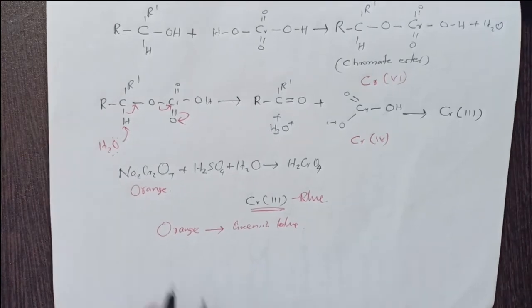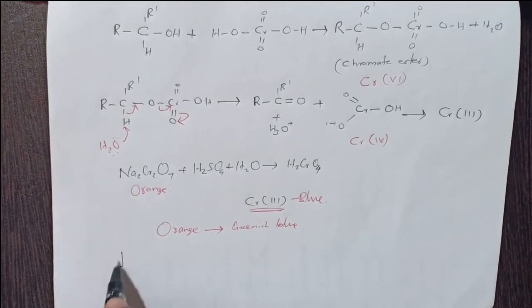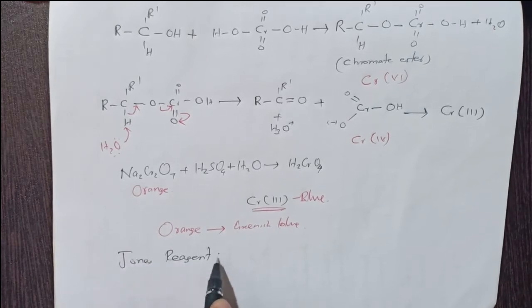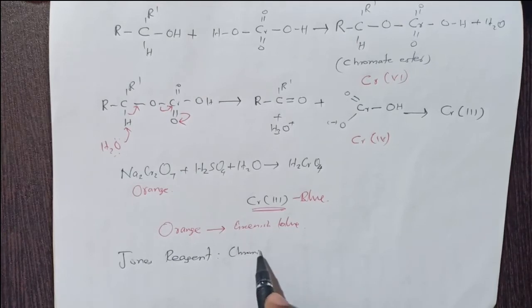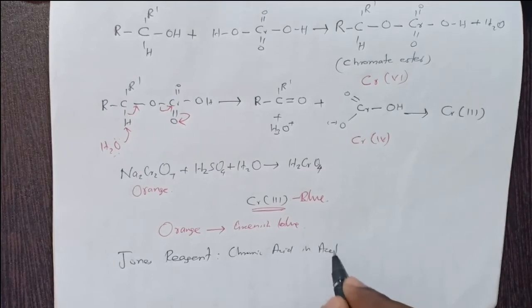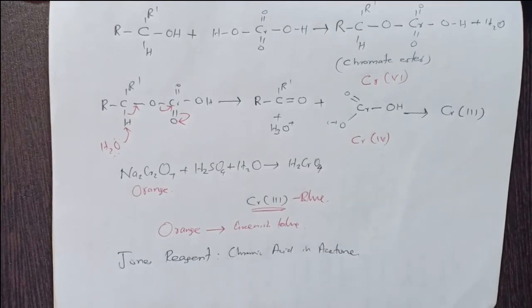There is a reagent named Jones reagent. Jones reagent is nothing but chromic acid in acetone. This is a mild form of chromic acid, a chromic acid solution diluted with acetone.